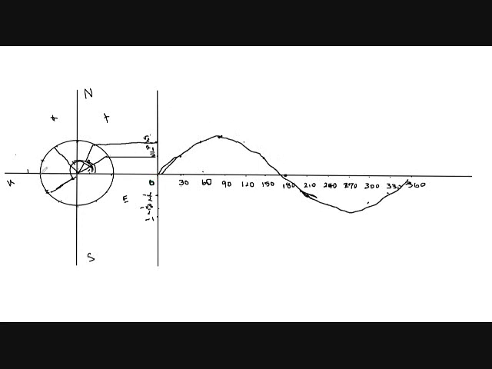And after 180, this one is going to be below x. You remember the sign in each quadrant. Quadrant 1 is what? Plus, plus, plus. That's sine plus. And then plus, minus, minus, this is sine plus. So that's why you have plus here.